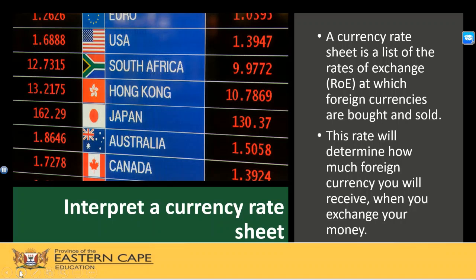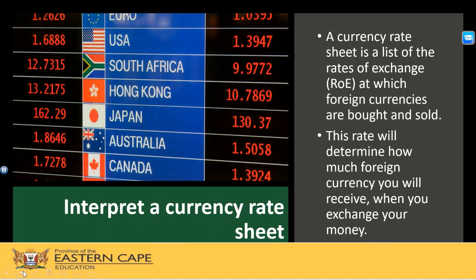On your screen, you will see a currency rate sheet. On the left-hand side, I would like to just draw your attention to the definition on the right-hand side of your screen. A currency rate sheet is a list of the rates of exchange, and please take note that is abbreviated as ROE. So it is a list of the rates of exchange at which foreign currencies are bought and sold.